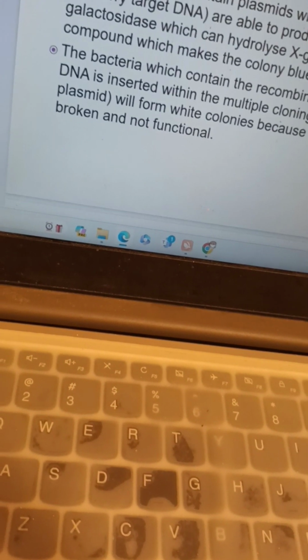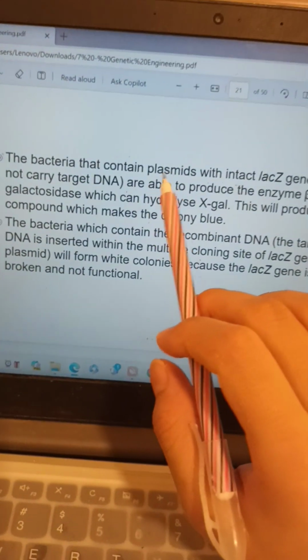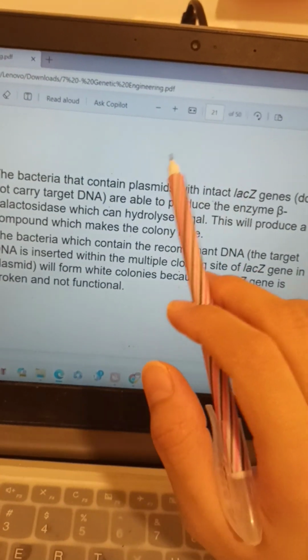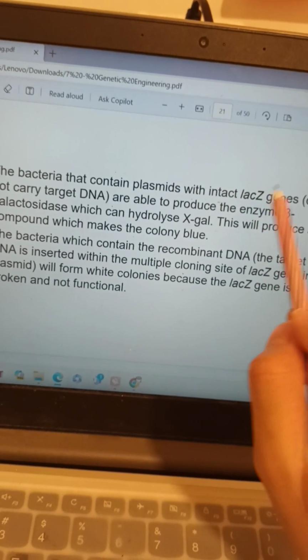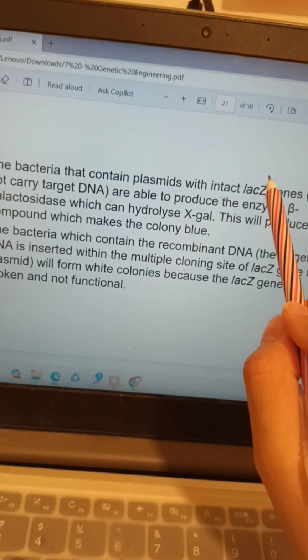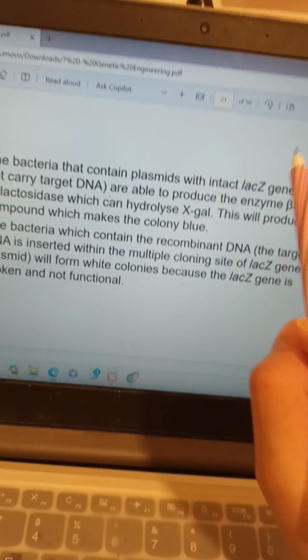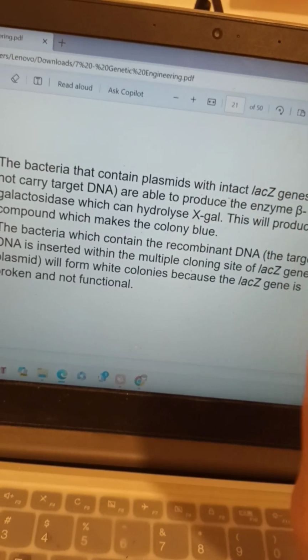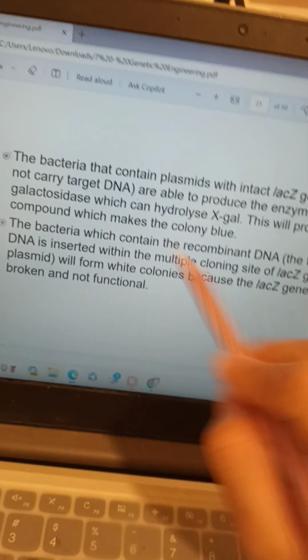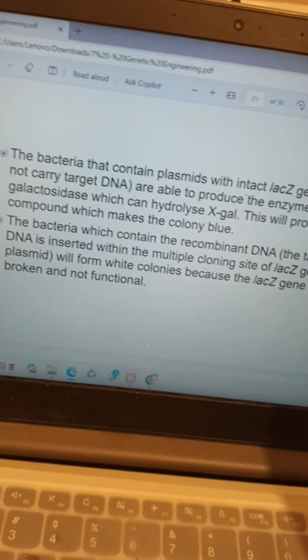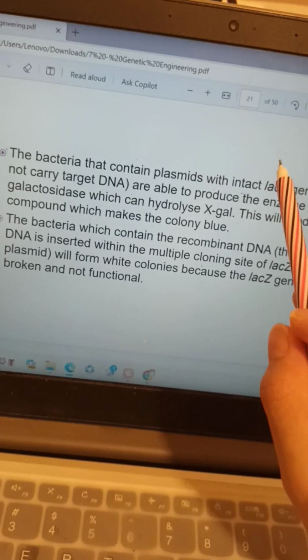So this one, the bacteria that contain plasmid with intact lacZ. Plasmid with intact lacZ means that lacZ is not being broken down by the restriction enzyme. It means that because the restriction enzyme didn't cut the plasmid, it only has the plasmid and no complementary DNA. So it's not going to form the recombinant DNA.